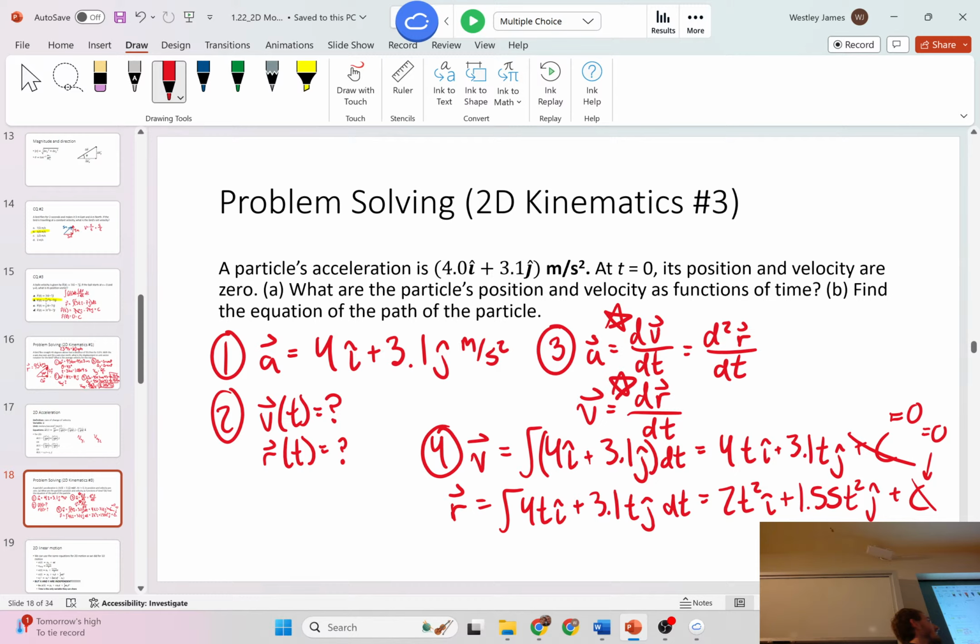Okay, find the equation of the path of the particle. So what this comes down to is a nifty little thing. I have the x position with respect to time, and I have the y position with respect to time. So I can jot over here x of t equals 2t squared, y of t equals 1.55t squared.